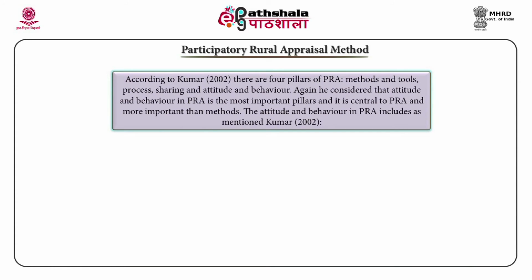According to Somesh Kumar, in the year 2002, there are 4 pillars of PRA: methods and tools, process, sharing, and attitude and behavior. We consider that attitude and behavior in PRA is the most important pillar and it is central to PRA and more important than methods.